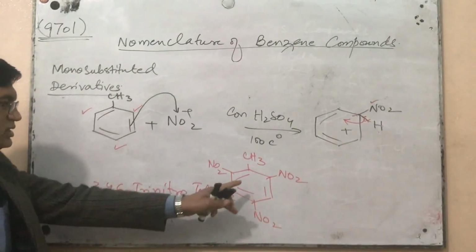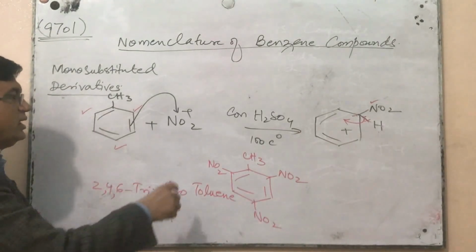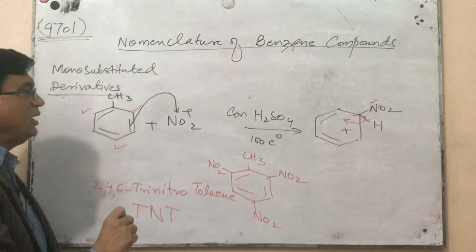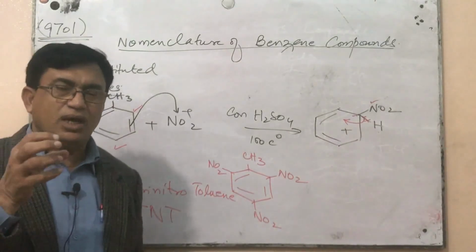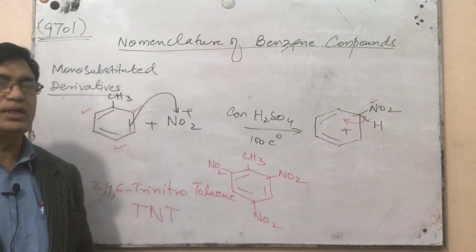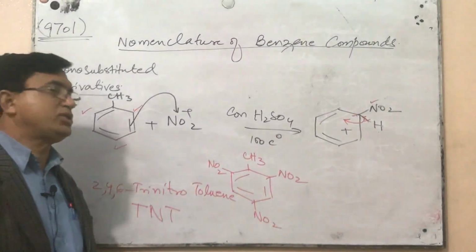Trinitrotoluene is produced by the nitration of methyl benzene, and the reaction is again an electrophilic substitution reaction.